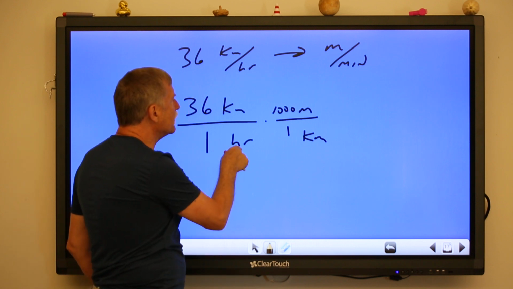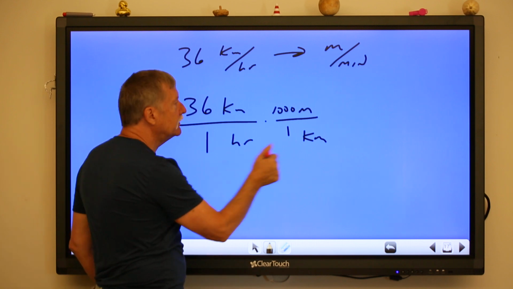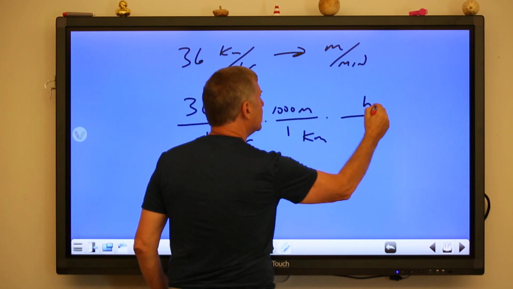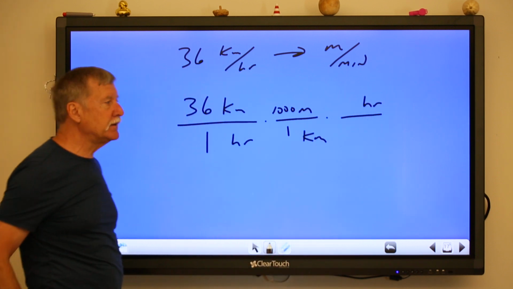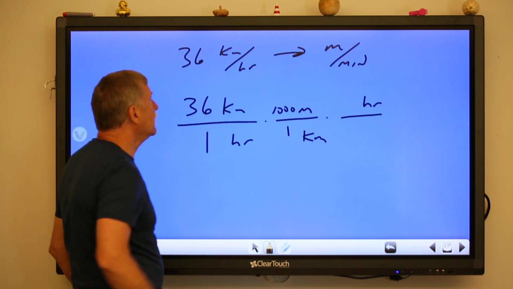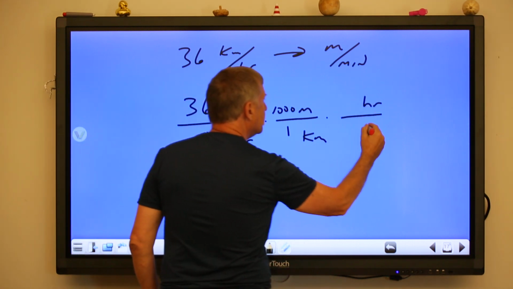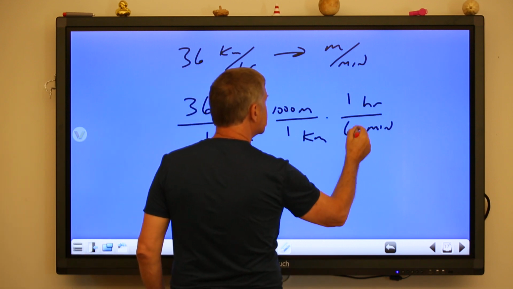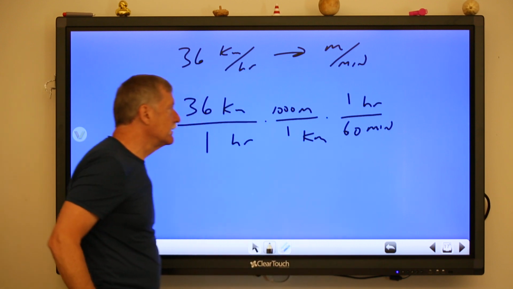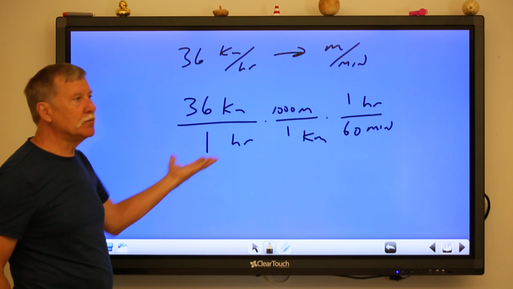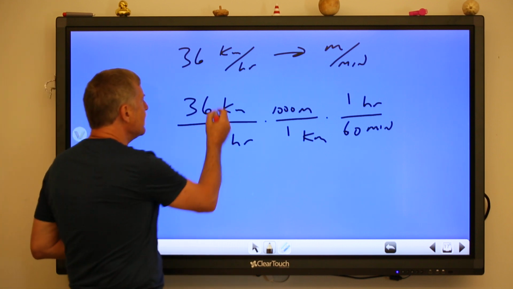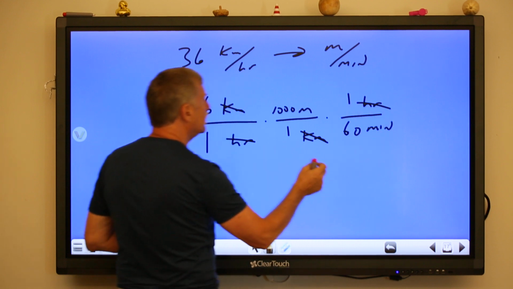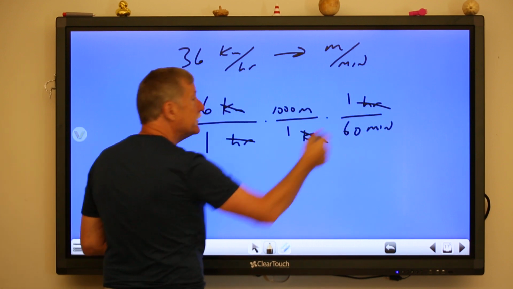Now I got to get rid of hours, but hours are on the bottom, which means to cancel out hours, I got to put them on the top on the other unit multiplier, and on the bottom I want minutes. And there's 1 hour, gives me 60 minutes. And these are my 2 unit multipliers I can use, because now I get rid of kilometers and I get rid of hours. And I'm left with meters per minute.